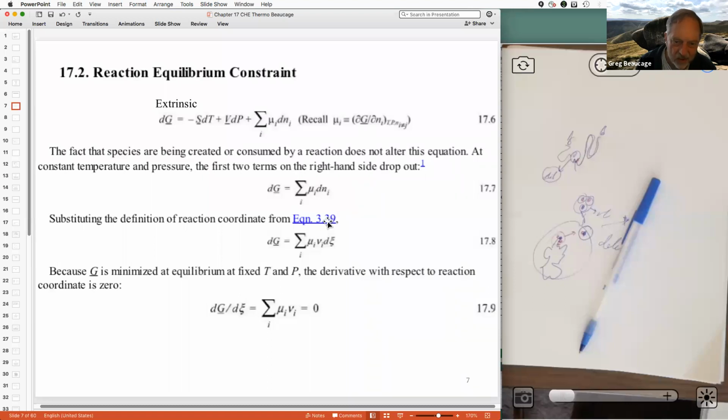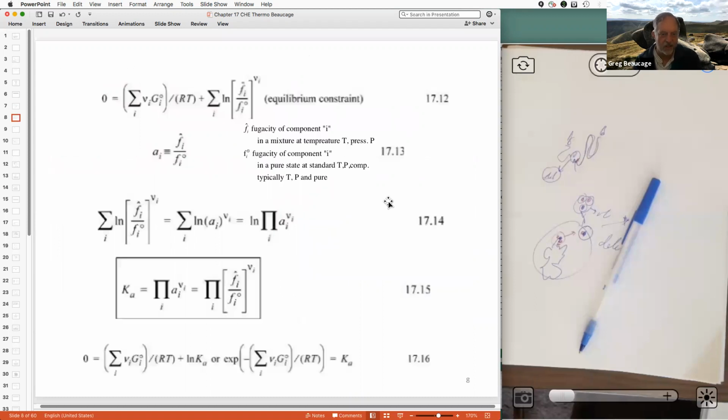Once you have that, at equilibrium the change in Gibbs is 0. So you can pull this over and you have dG/dξ, the extent of reaction, is the sum of these chemical potentials times the stoichiometric numbers, and that has to equal 0. That's just the way the Gibbs fits in.